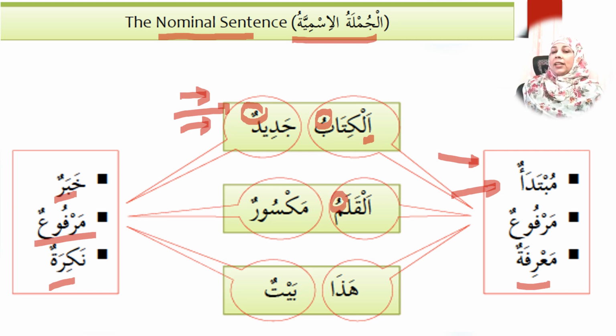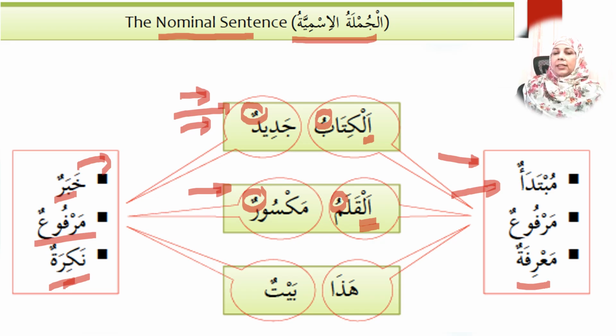And you can tell it is definite, ma'arifatun, because it is prefixed with the al. Okay, so maksurun is the khabar because it tells you news about the pen, that it is broken. And it is marfu'un because it ends with a dhamma, tanween dhamma, and it is indefinite. The marker of the indefinite is the tanween dhamma at the end.